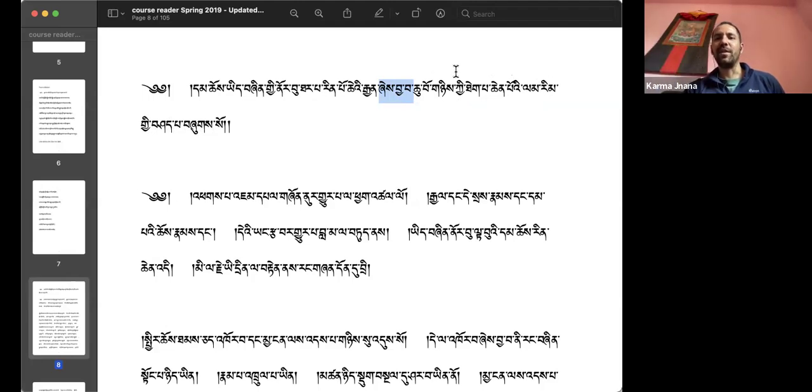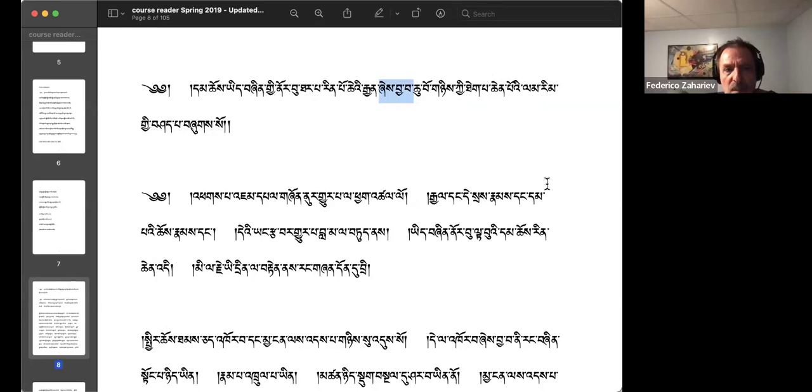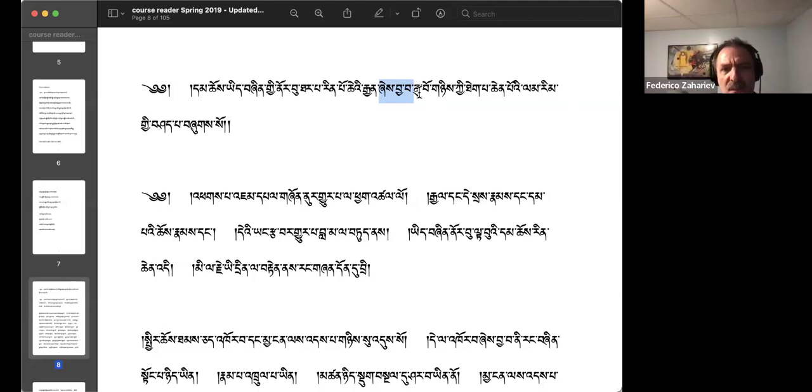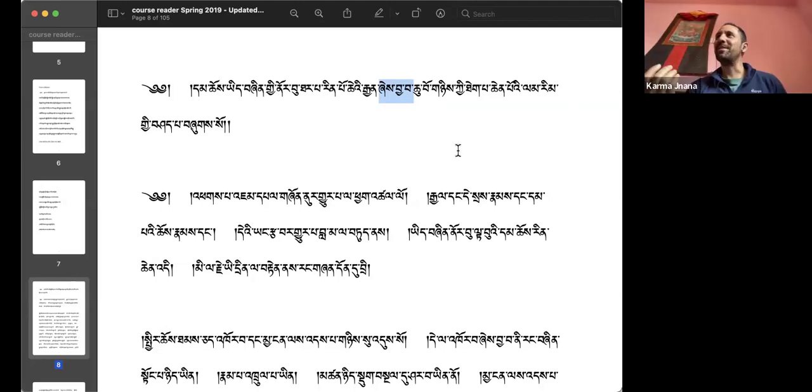If you were translating and you want to be scholastic, you would put a note at the bottom of the page saying the two streams are the Kadam lineage and the Mahamudra lineage of Milarepa, which Gampopa united. Because if you see 'two streams,' you're like, what are the two streams? Kind of weird.